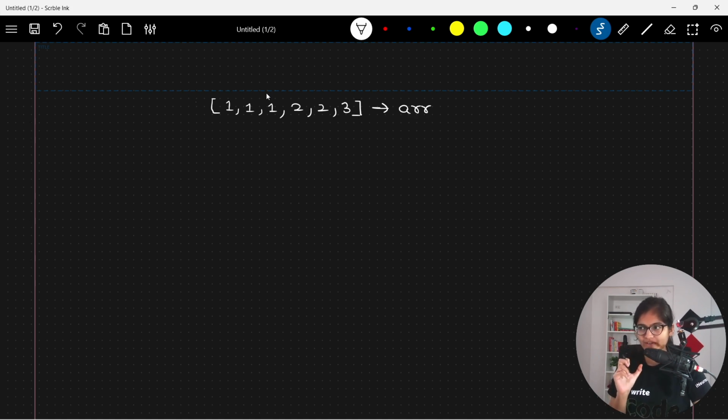Now what is the objective here? The simple objective is to calculate the top k frequent elements. For example, if I say that the value of k is equal to 2, what is the meaning of that? I want to say: give me the top 2 frequent elements in the array.